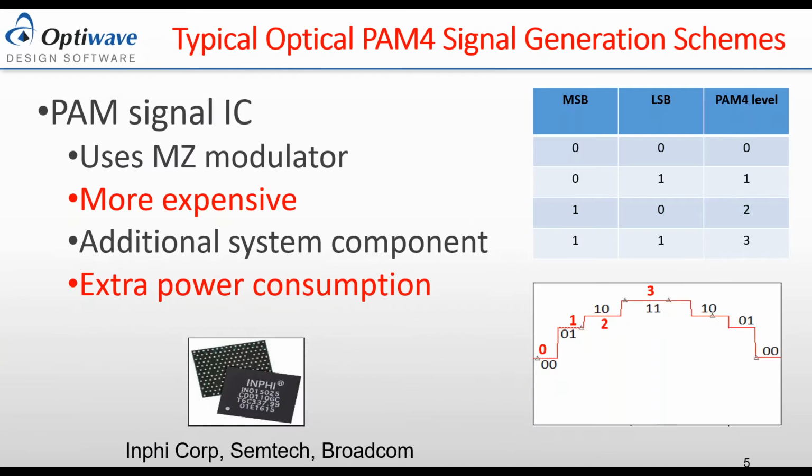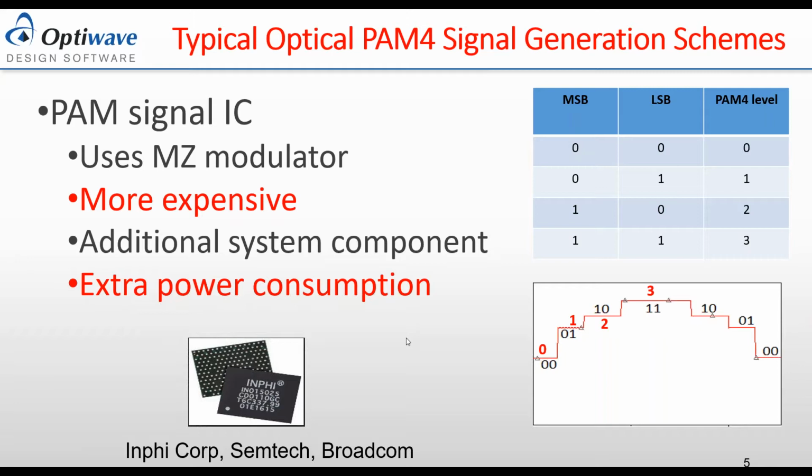Typically we use a PAM4 IC, a PAM signal integrated chip, that mostly utilizes a Mach-Zehnder modulator. Based on certain phase angles associated with the Mach-Zehnder, it can take two parallel input bits, each carrying its own serial data, and combine them together to create 4 different levels.